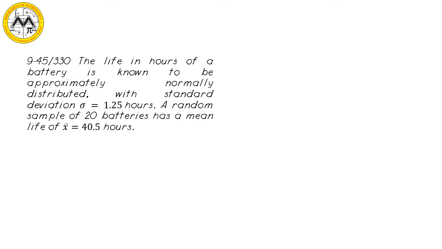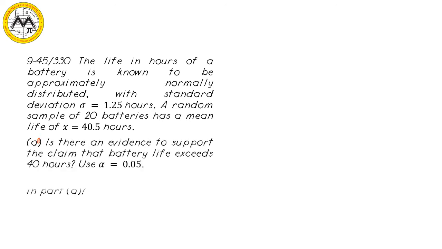The life in hours of a battery is known to be approximately normally distributed with a standard deviation sigma equals 1.25. A random sample of n equal to 20 has a mean x bar of 40.5.